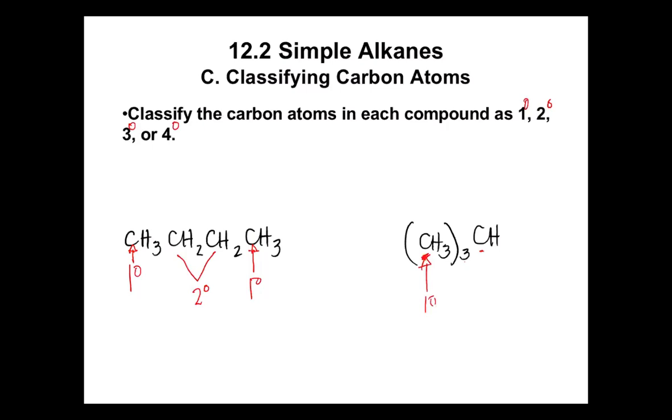Okay? And then, this other carbon atom, nakabond siya sa tatlong carbon atom. That's why this is a tertiary carbon. Okay, so kung medyo nalilito kayo, i-form nyo yung complete structure ng formula para makita nyo na tertiary carbon siya.